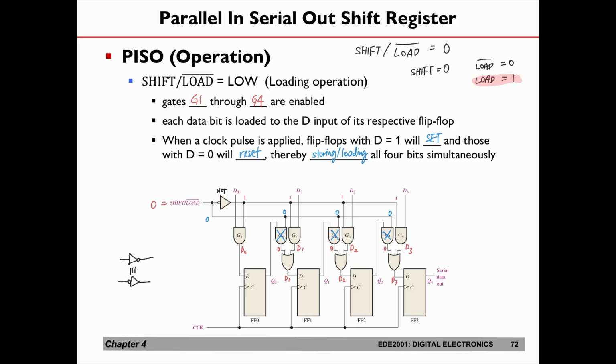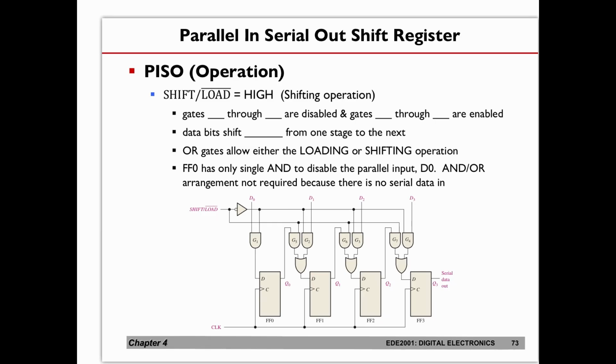So now let's take a look at the shifting operation. How does this circuit complete the shifting operation? Now I have the data Q0, Q1, Q2, Q3 equal to D0, D1, D2, D3. Now we are going to check how the shifting is done.